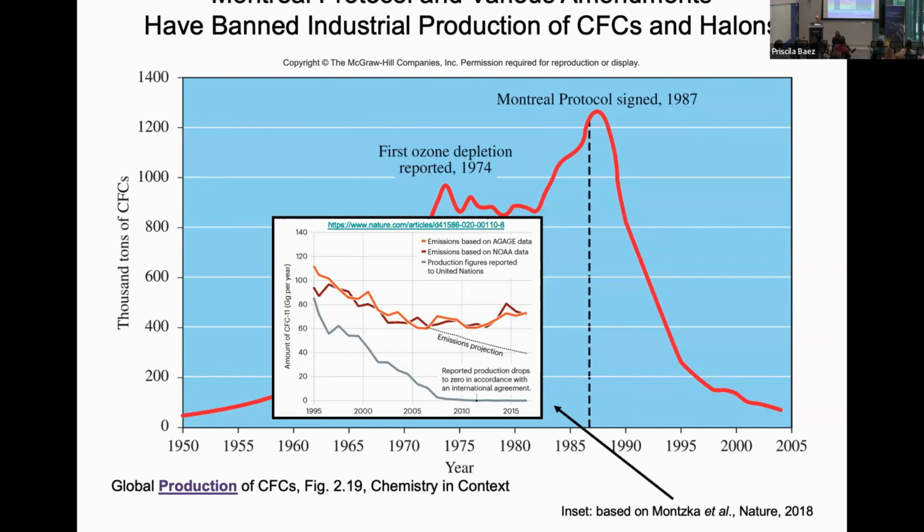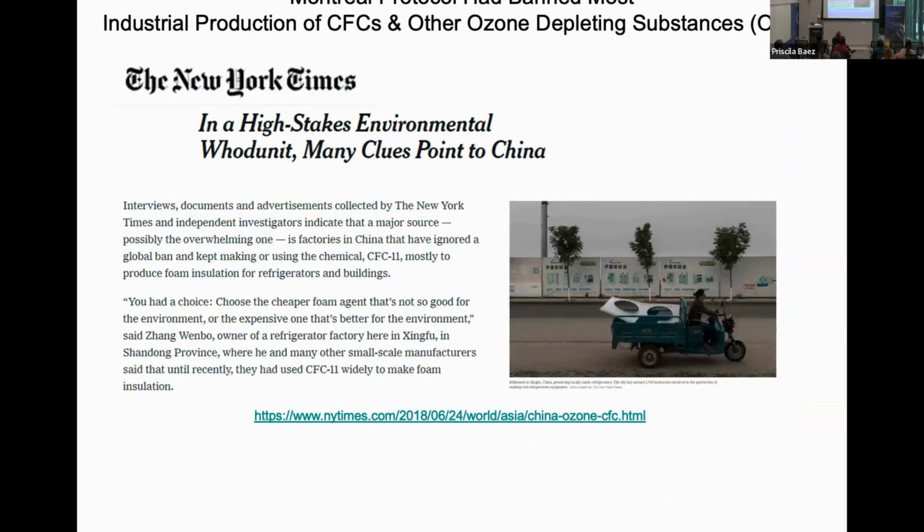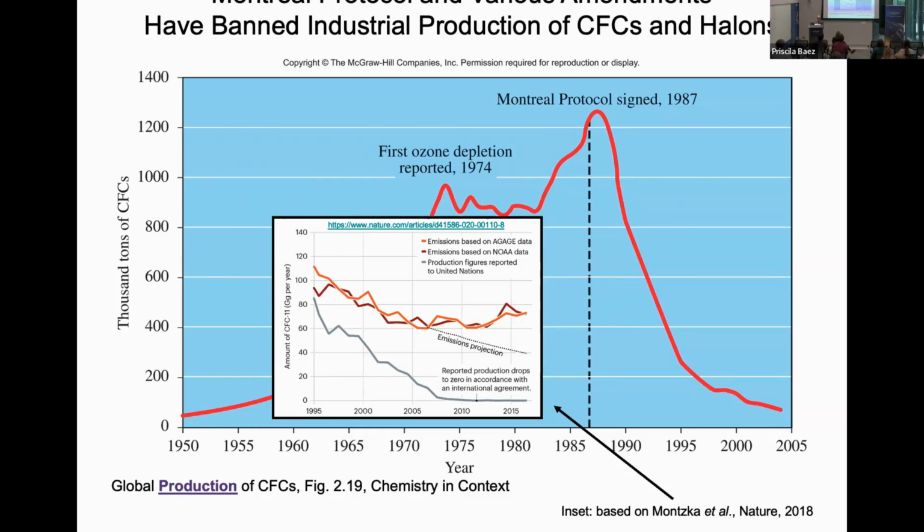What's going on here? Okay, so this got a huge amount of attention, including the New York Times, high stakes environmental whodunit, many clues point to China. It was sort of known back then that somewhere in Asia, these CFCs were coming out. This was ground-based observations.